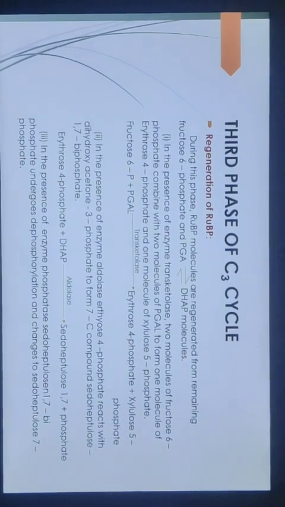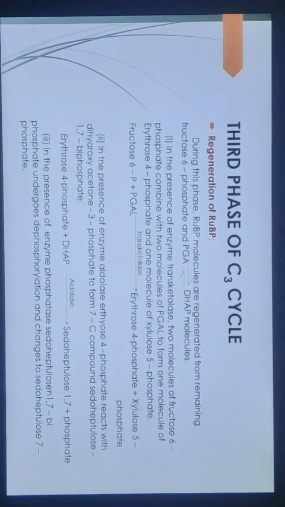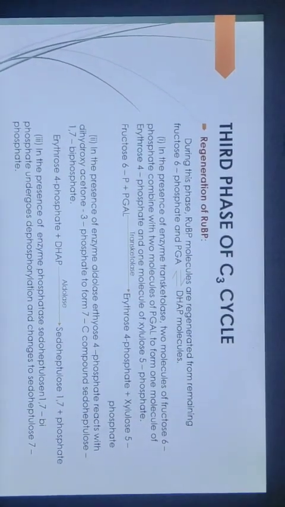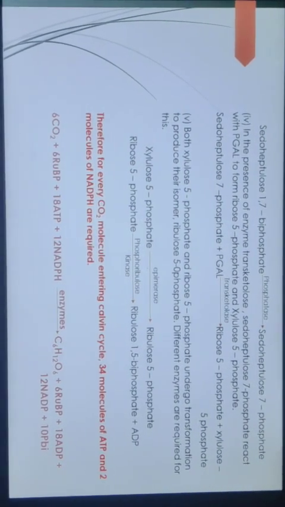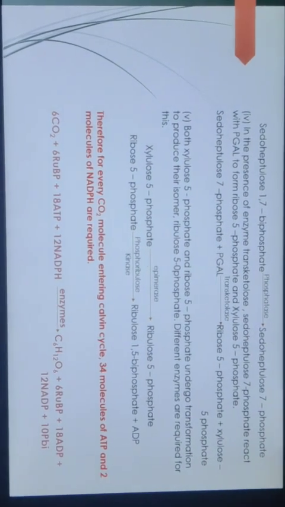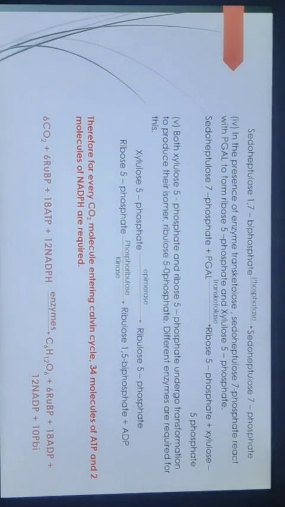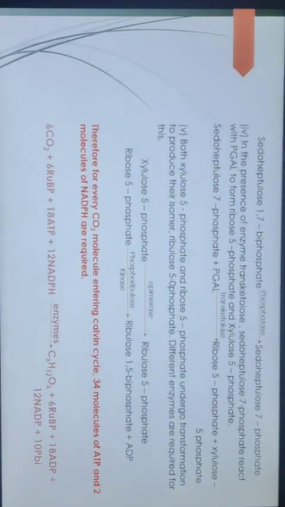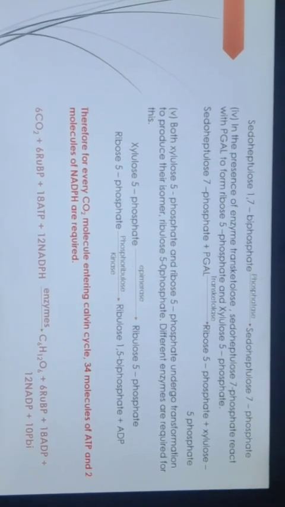So 1,7-bisphosphate sedoheptulose gets converted to sedoheptulose 7-phosphate. So here is the reaction: sedoheptulose 1,7-bisphosphate in the presence of enzyme phosphatase gets converted to sedoheptulose 7-phosphate.